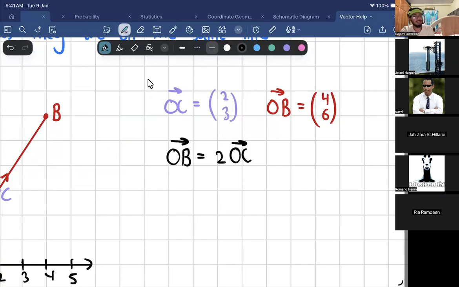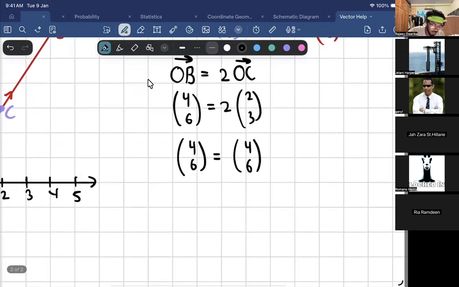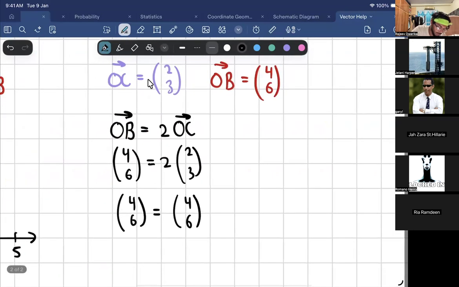Could I show this? Yes. O to B is 4, 6. We know that vector O to C is 2, 3. Will it work out? Yes, 2 times 2 is 4, 2 times 3 is 6. Great. So this means that OB and OC are parallel.